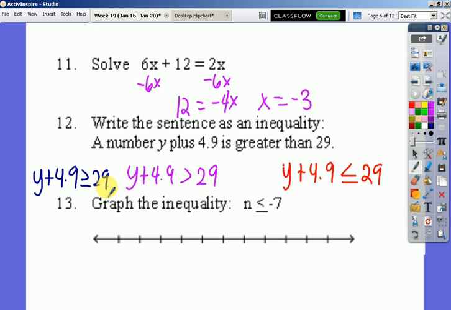Graph the inequality. This is an open, closed circle step. So is this going to be an open or closed circle? Closed. Remember, if we're dealing with less than or equal to or greater than or equal to, it is a closed circle. So in this case, we're just going to graph negative 7, negative 6, negative 5, negative 8, negative 9.